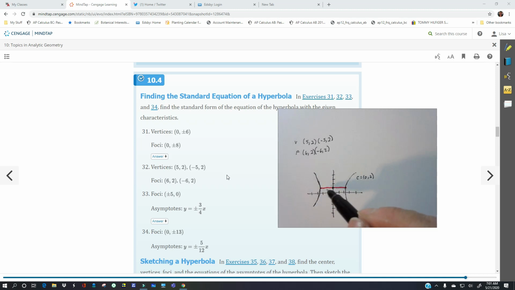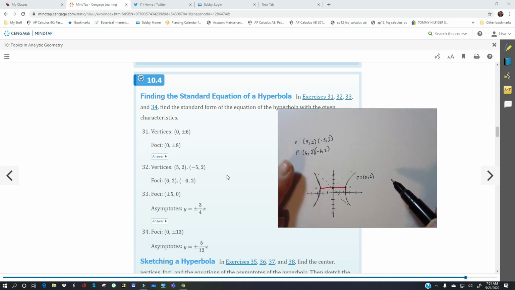My center is the midpoint between the vertices. I know the foci: one is at negative 6, 2, here's the focus, and 6, 2, and here's the other focus. Okay? I may have to find the equations of the asymptotes, but in this case what they really want is the standard form.